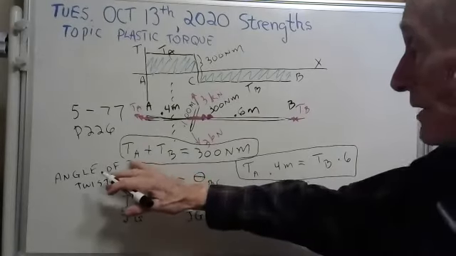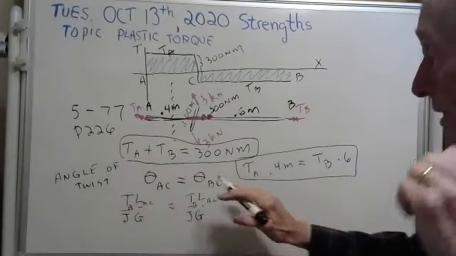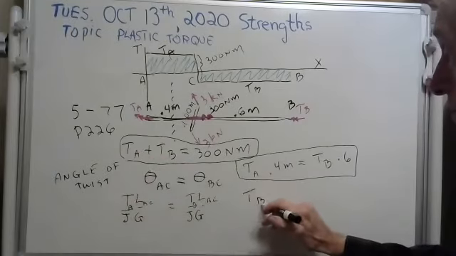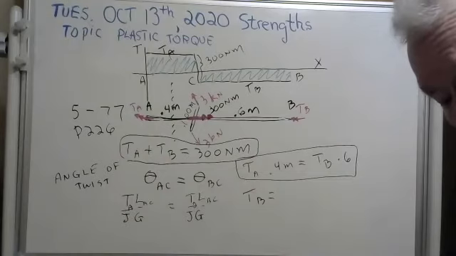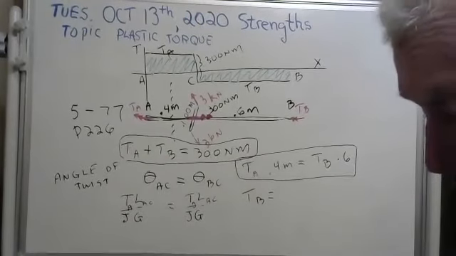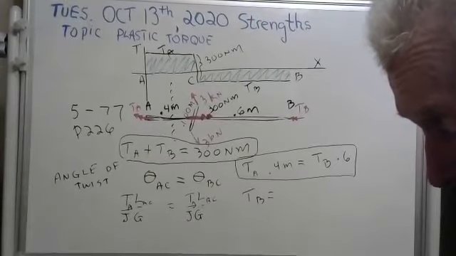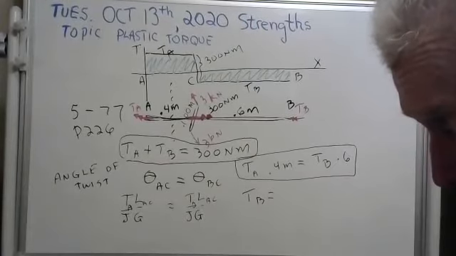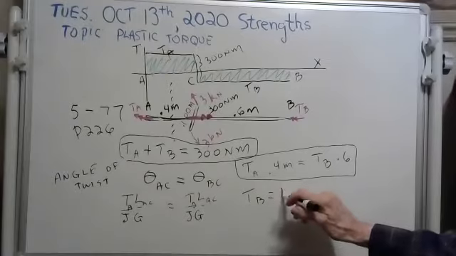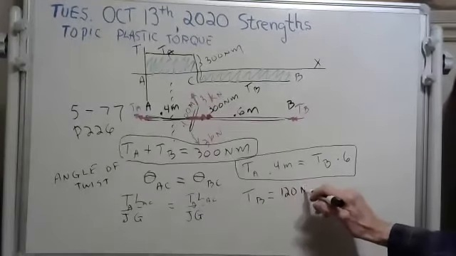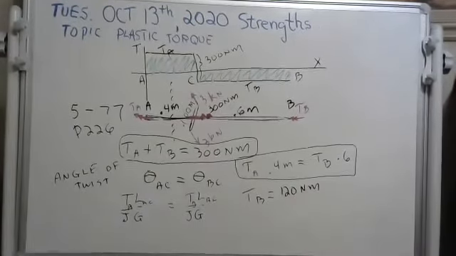So you'd have 1.5 plus 1, that makes 2.5. So TB is going to be 300 divided by 2.5. I'm getting 120 Newton meters for TB.